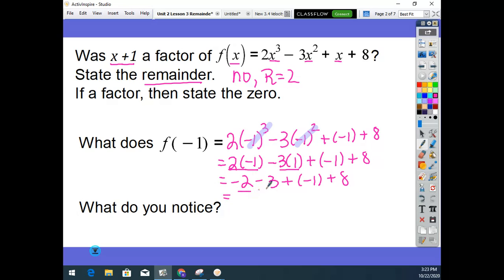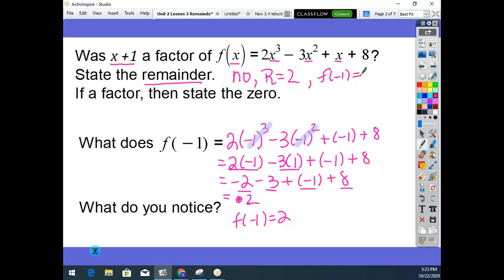So we get negative 2, negative 5, negative 6 plus 8 is positive 2. So f of negative 1 is positive 2. What do you notice? Pay attention to that.